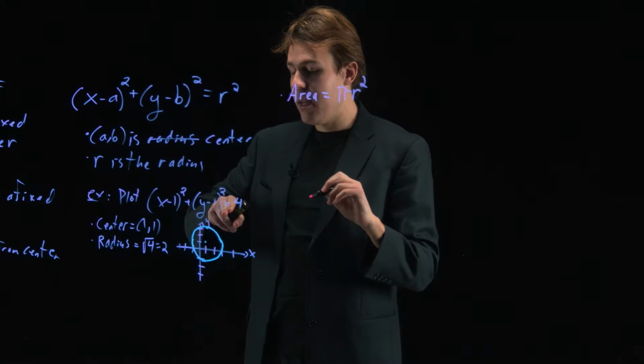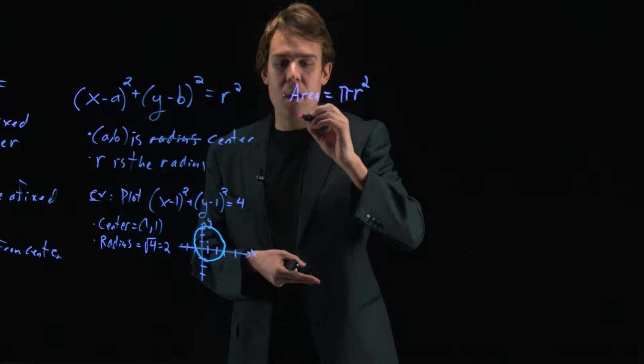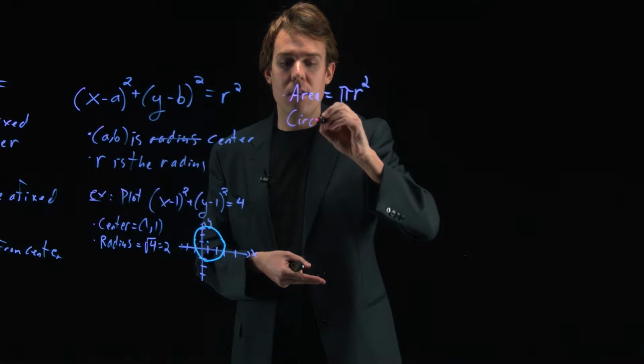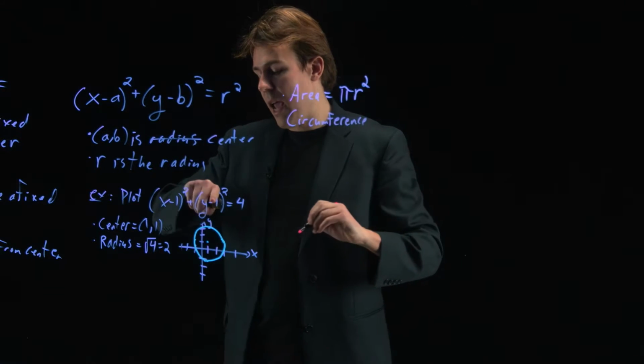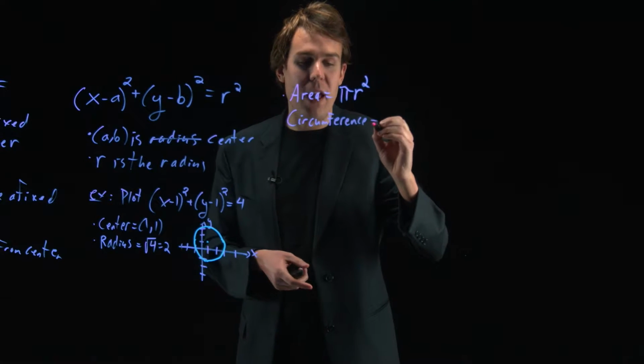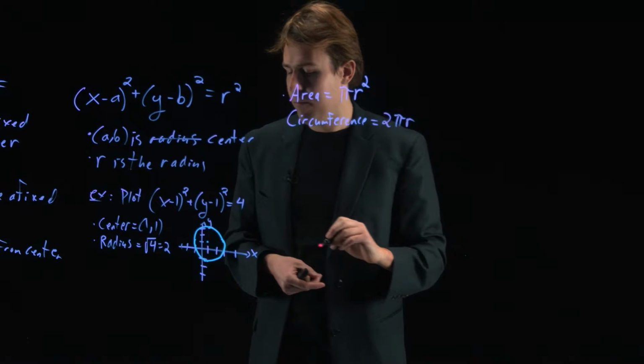So I compute the radius, square it, and then multiply by pi. The circumference, which is the length around the circle, is 2 pi times the radius.